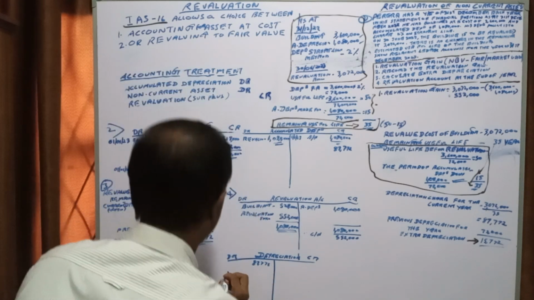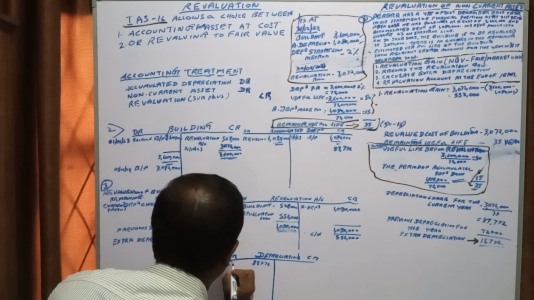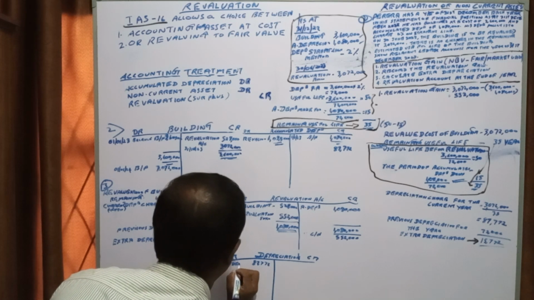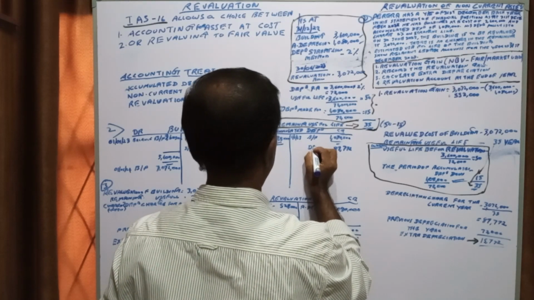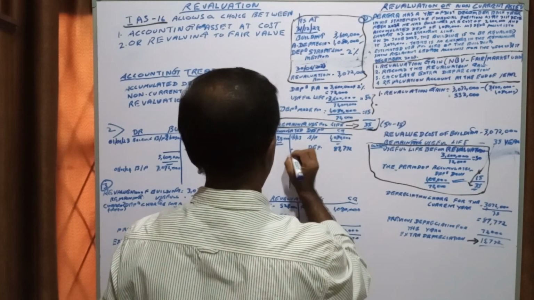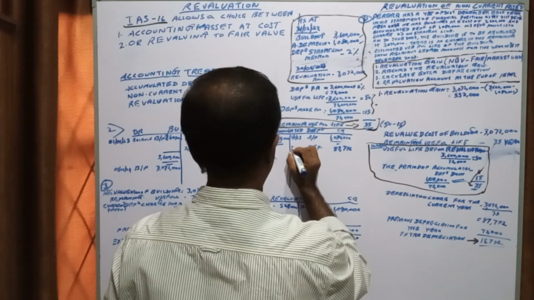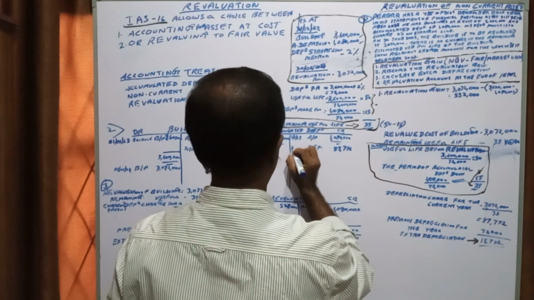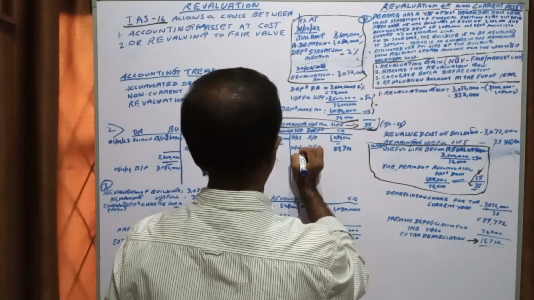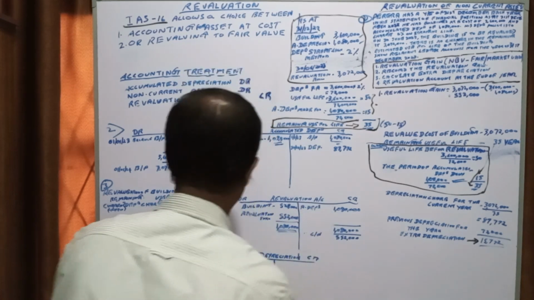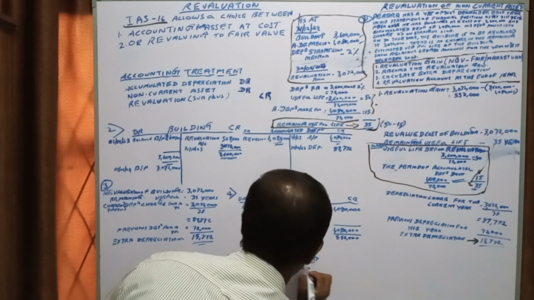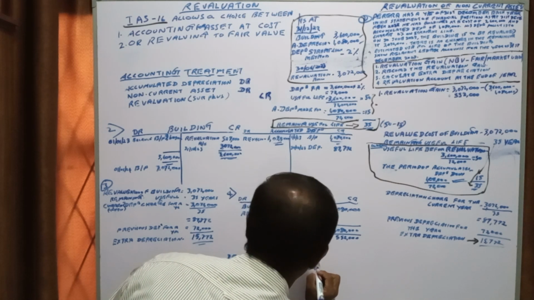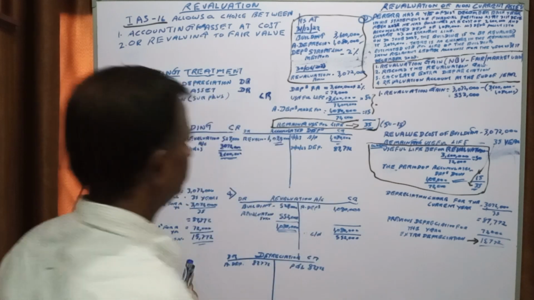This is accumulated depreciation, and this is depreciation for 30th December 2023, which goes to the profit and loss account, 87,772.